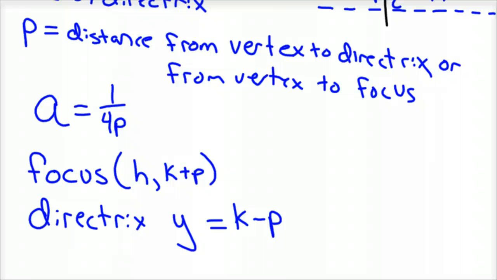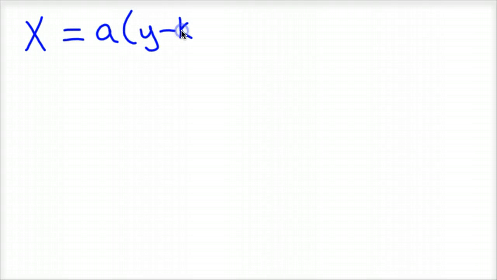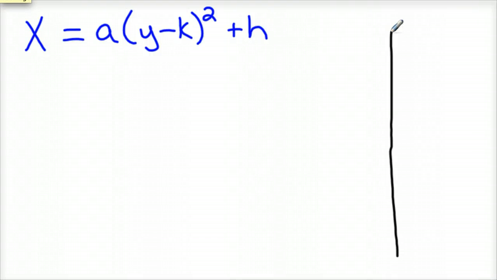Okay, what happens if you solve for x? You could have the formula being x equals a times y minus k squared plus h. In this case, here's my xy plane, and things are a little bit different.